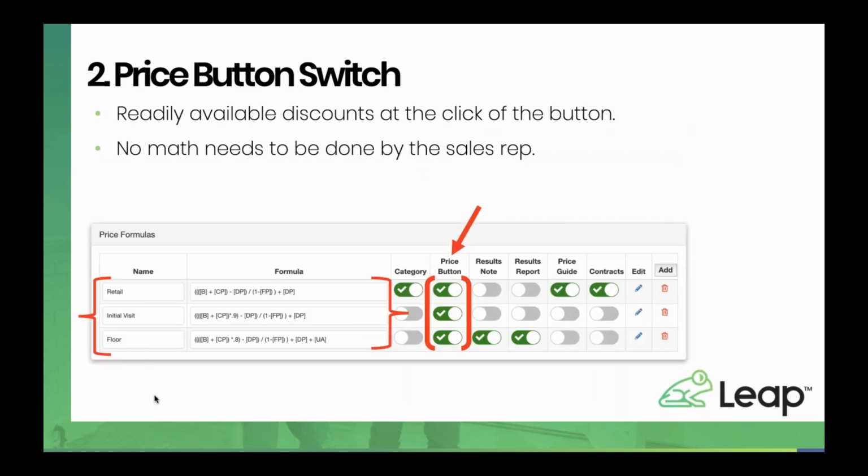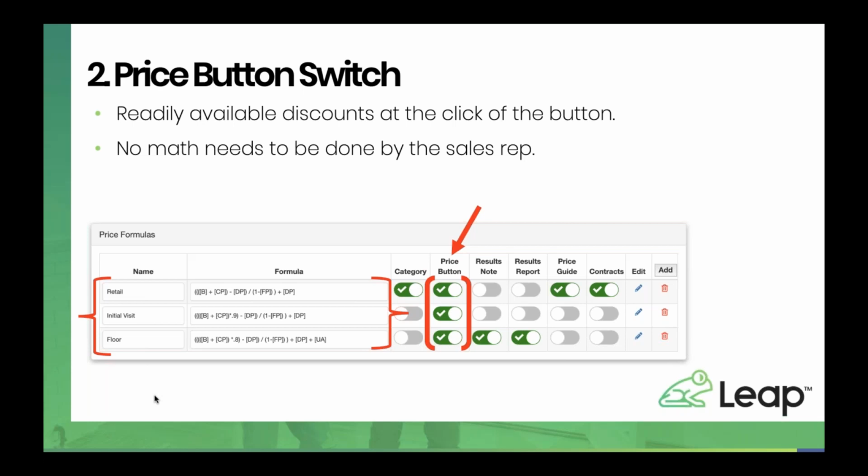And then we also have a price button switch that you'll see available on every single formula. This is great because it's a tool that sales reps can easily use. It's literally at the click of a button to present pricing or calculate pricing for different discount levels. I don't have to do math anymore to get to my initial visit discount or the lowest that my company allows me to go. I literally just push a button. So that's what price button is going to do for us.